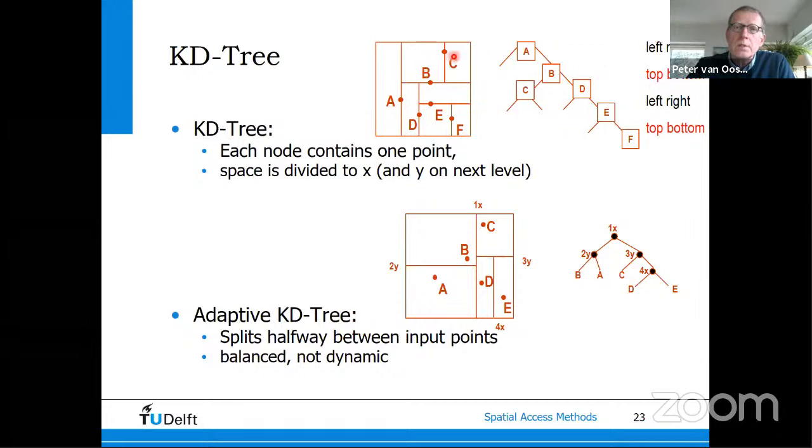Insert C is left of A, is on the top side of B, so it should be inserted over here, and so on. And so the insertion of points is kind of subdividing space, and you have alternating splits on the X and on the Y level.